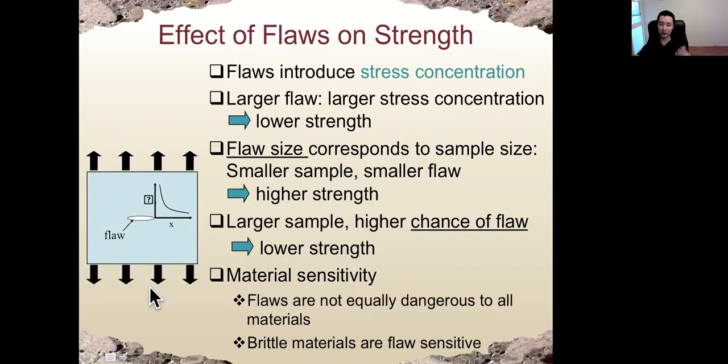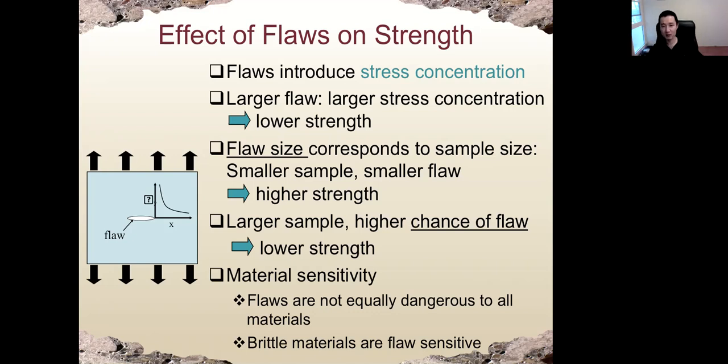All right. So here we talk about the effect of flaws on strength. Flaws such as honeycombing, or a very weak aggregate in the concrete, will introduce so-called stress concentration. Stress concentration causes the concrete to crack there. If we increase the size of the flaw, we have higher stress concentration, so the strength of the specimen will be lower.